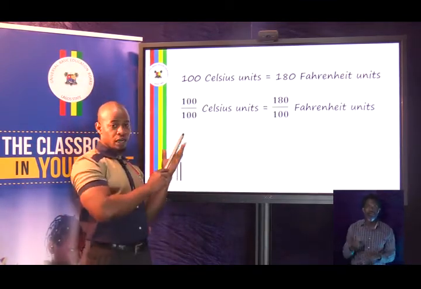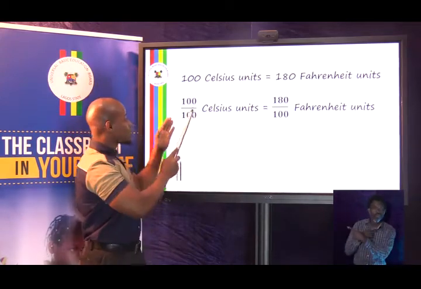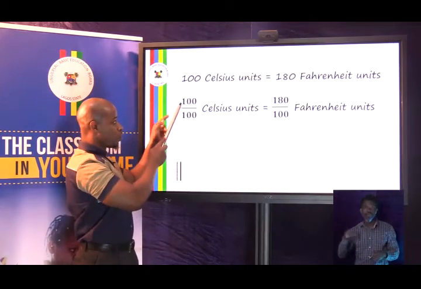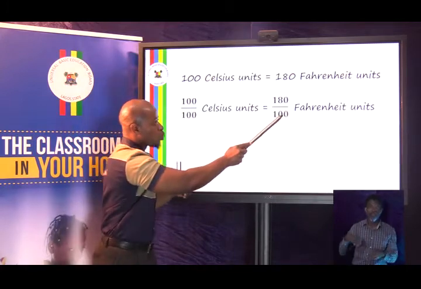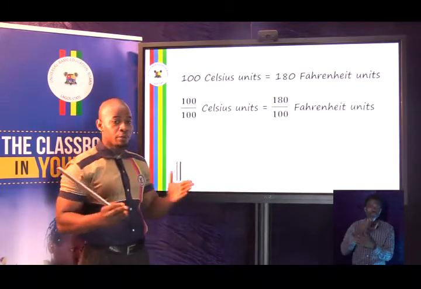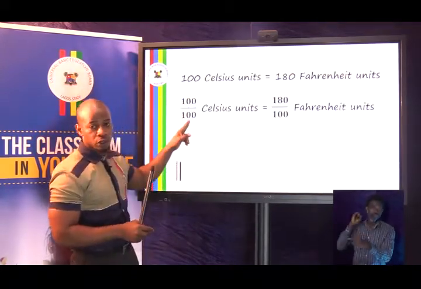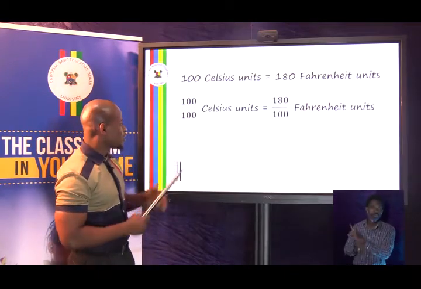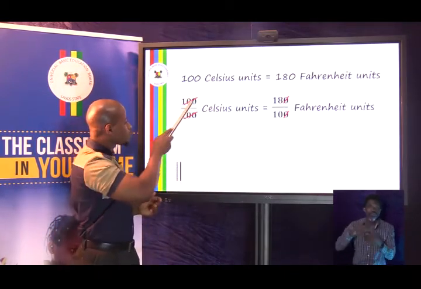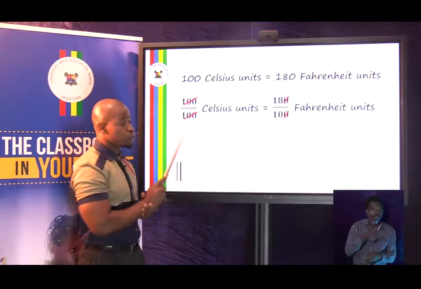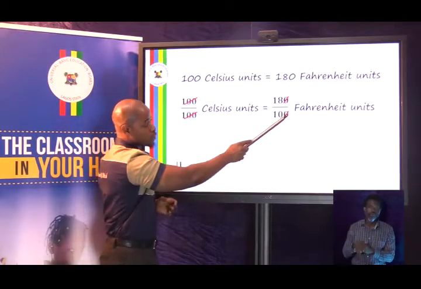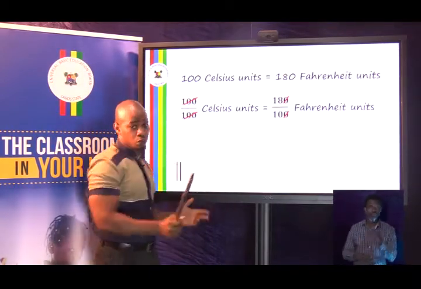So whatever you do to the left, you have to do to the right. That is why I've brought 100 here to divide the 100, and 100 here to divide the 180. I want this to become 1. It's easy to divide this. We cancel the zeros. Two zeros cancel two zeros here, then on this side only one 0, we cancel one 0. Do not cancel the two zeros.